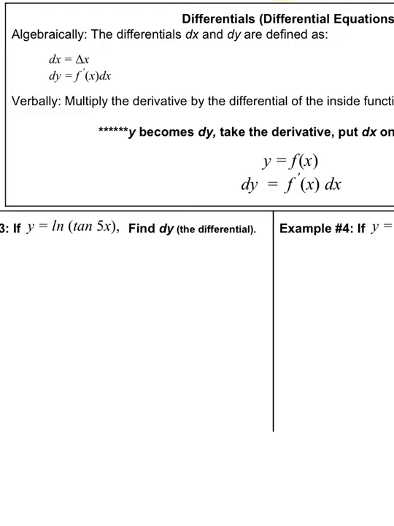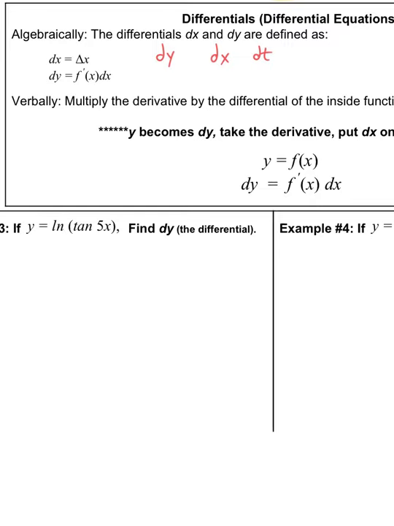A differential is just the symbol dy or dx or dt or whatever variable you have, written separately. It stands for difference in y or difference in x or difference in t, time. You have seen these differentials in the symbol for derivative.